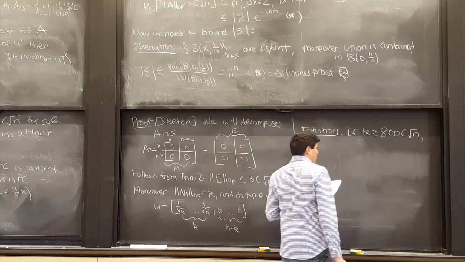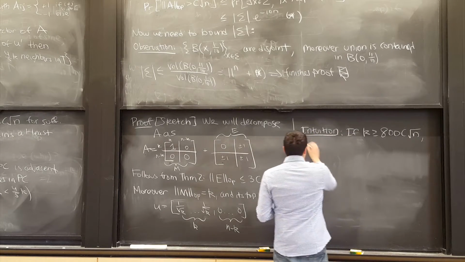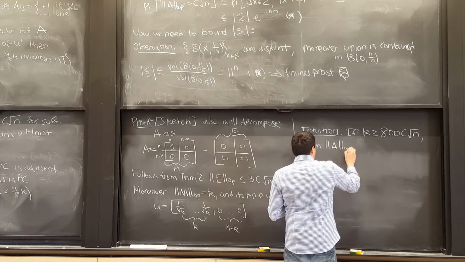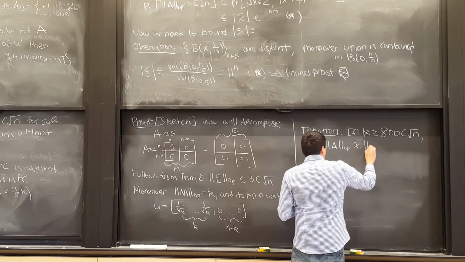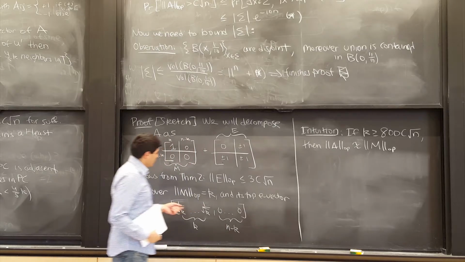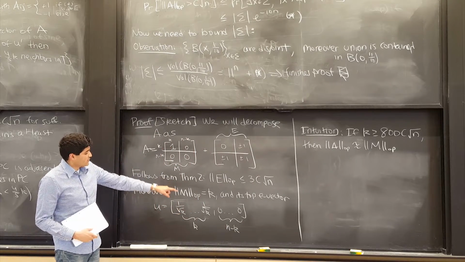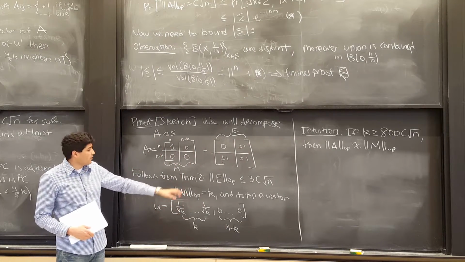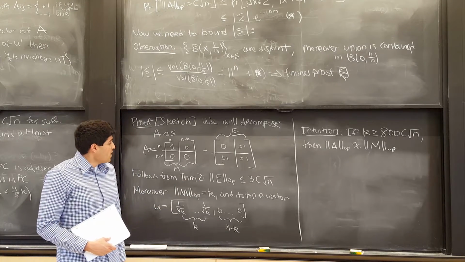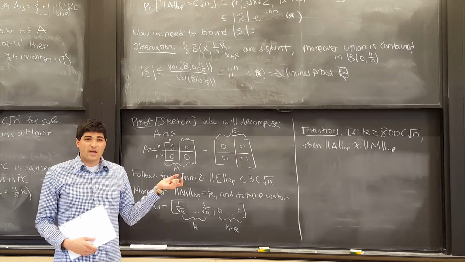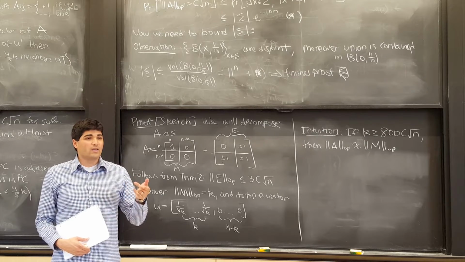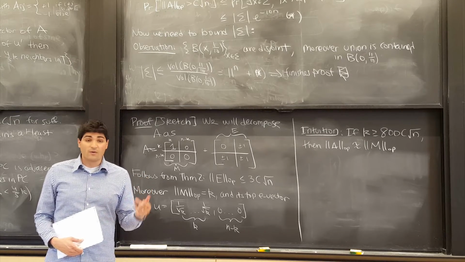So if k is huge compared to c times root n, then what we know is that the operator norm of A itself should behave about like the operator norm of M. Because it's the sum of this matrix whose operator norm is gigantic compared to a matrix which we spectrally controlled, which is much, much smaller. The idea is that if the operator norm of A is very close to the operator norm of M, then it's going to tell you that the eigenvectors themselves are also very close.